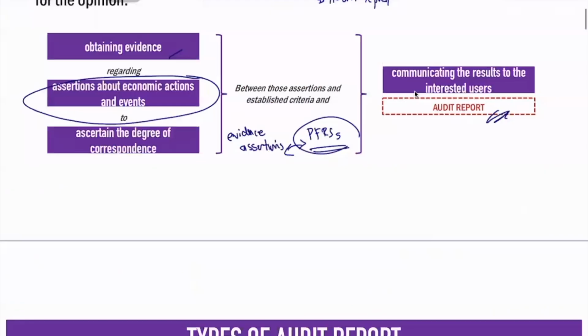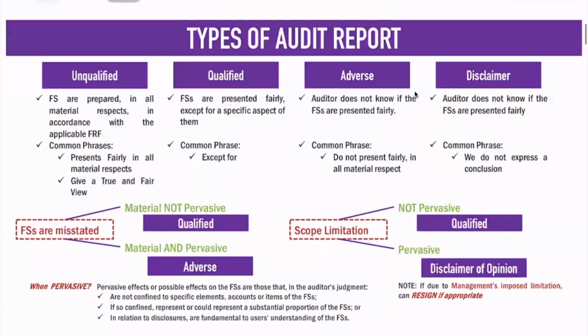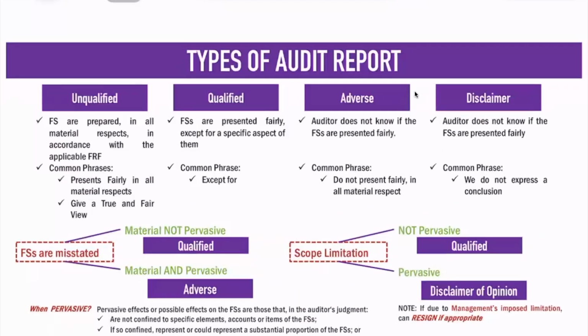Now, let's discuss the types of audit report. Generally, we have two: unmodified and modified. Under modified, we have qualified, adverse, and disclaimer. Let's start first with unqualified. What is asserted by your management in the FS is that the financial statements are presented and prepared properly using your PFRSs.